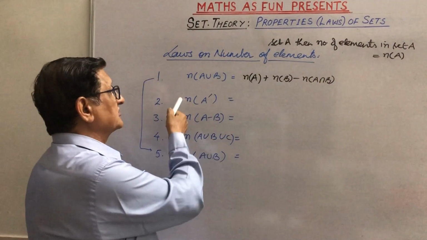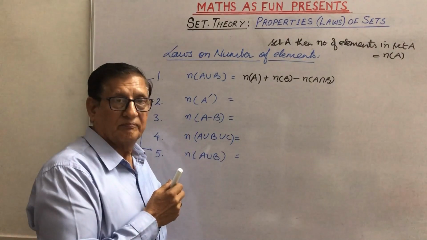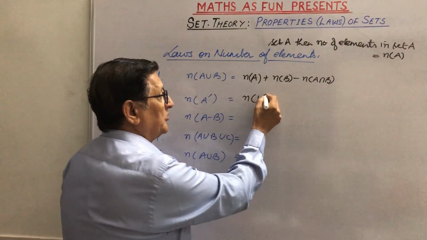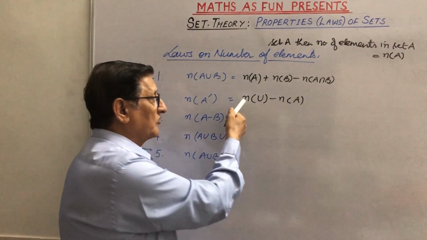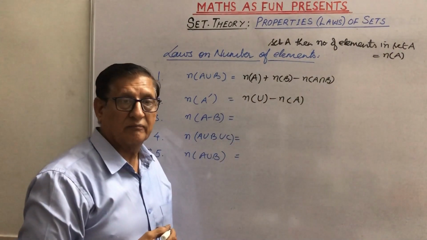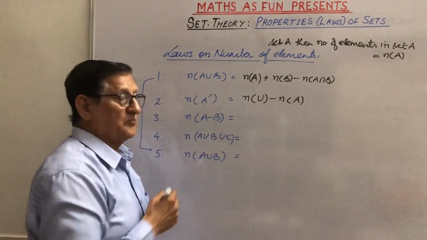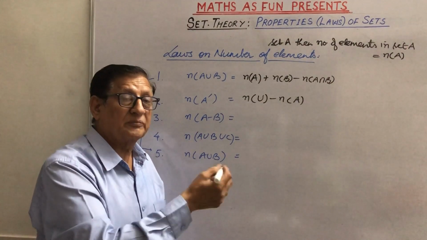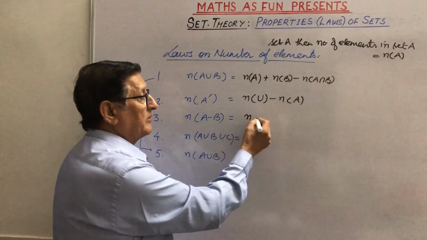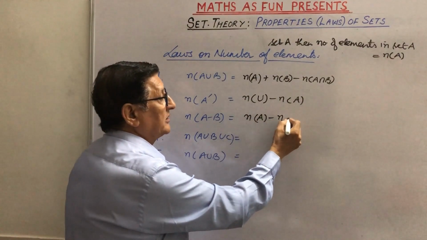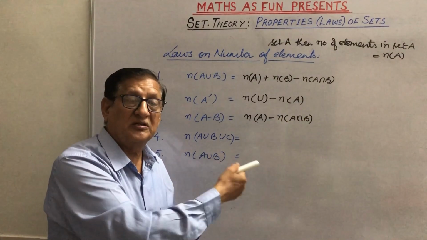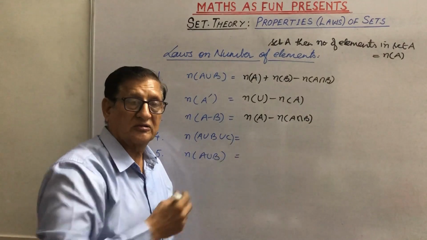Then the number of elements in A dash, the complement of set A, can be found by n(U) minus n(A), the number of elements in the universal set minus the number of elements in set A. n(A minus B), we have learnt in the concept, in the theory also, in that video, and according to that we can find n(A minus B) will be n(A) minus n(A intersection B), because we also know that A minus B is equal to A minus A intersection B.